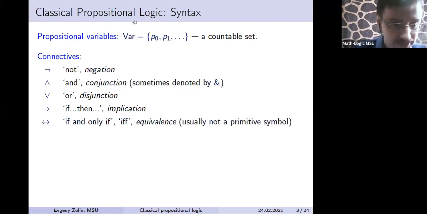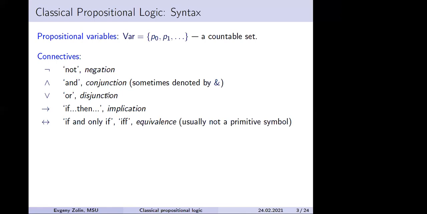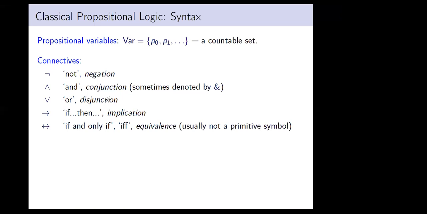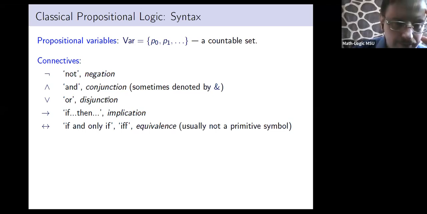And of course, these connectives are not independent. You can define disjunction in terms of negation and conjunction, and so on. Moreover, we can define all connectives from just one connective.